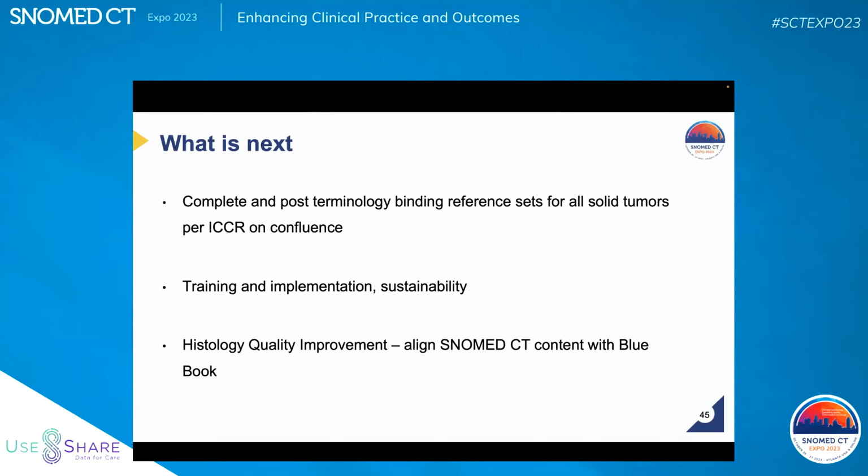So what we have started, in conjunction with Nikki, the people at IARC, so the Blue Book, and others, pathologists, is doing a complete overhaul of the morphologic abnormality hierarchy in SNOMED to bring it into conformance with the 5th edition of the Blue Book, getting rid of things that don't exist anymore or have been conflated.